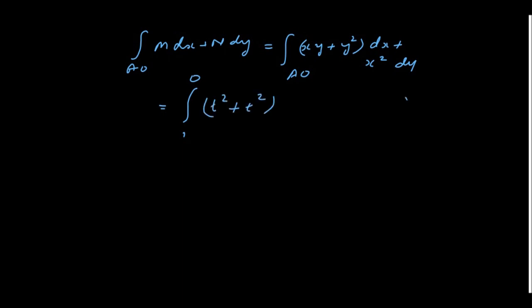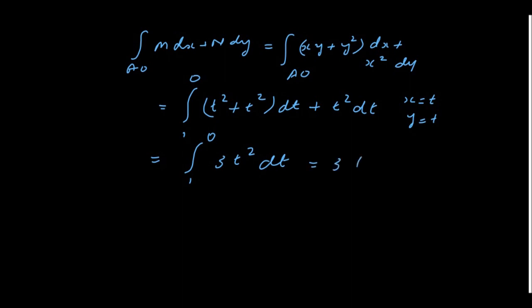Because x is equal to t and y is also t, dx is equal to dt and dy is also equal to dt. So dt plus t square dt again. This is t square three times, so the integral from 1 to 0 of 3t square dt, which is 3t cube by 3 within the limit. So you will get 1.